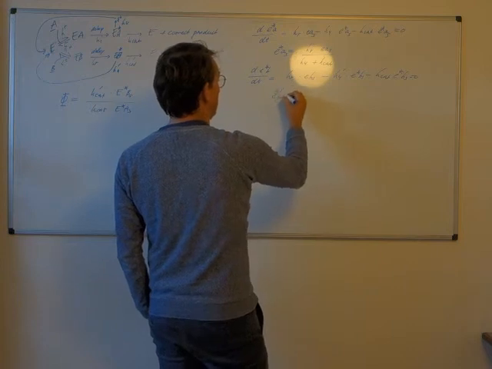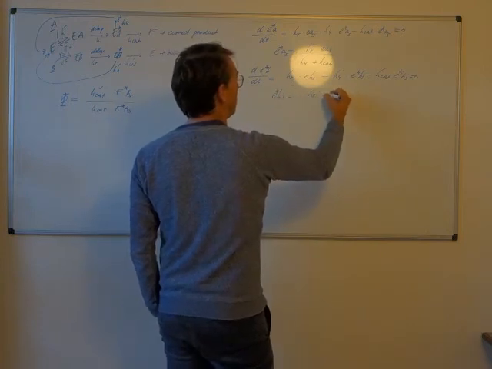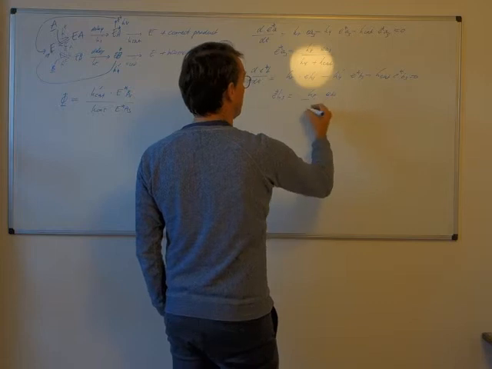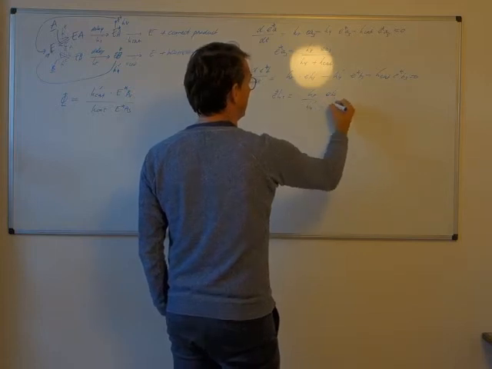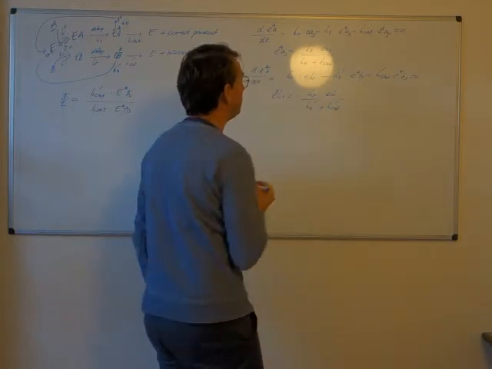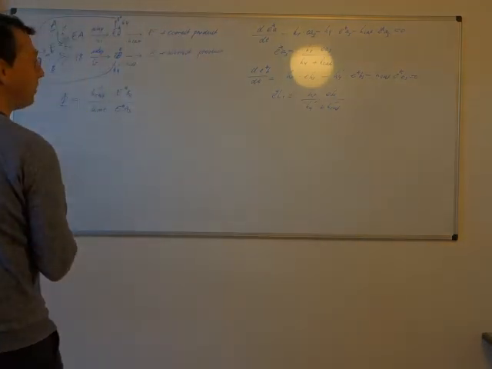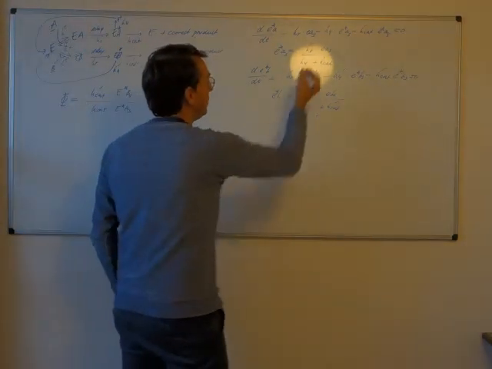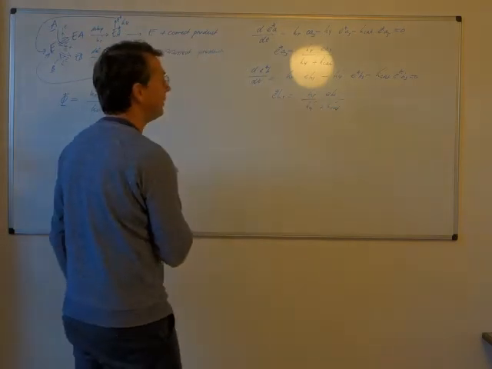So E star B has of course the same sort of logical structure as the previous equation. So now the problem we're left with is that we need to figure out what EA and EB is.